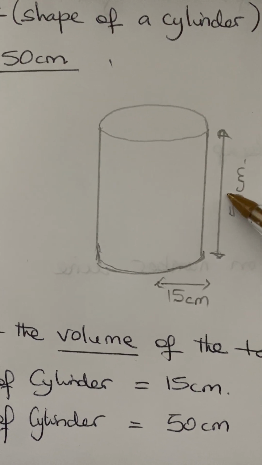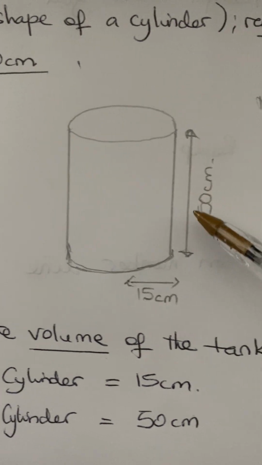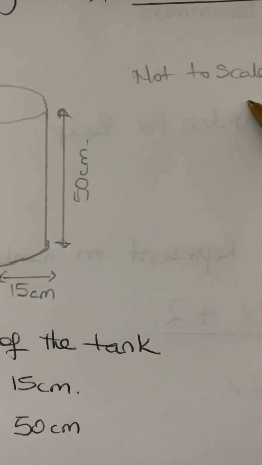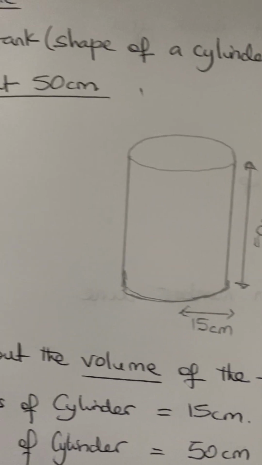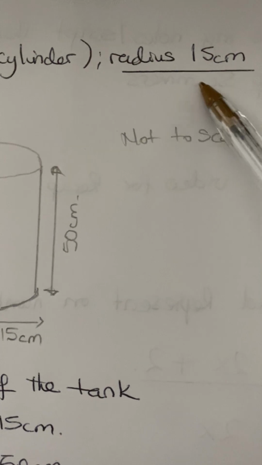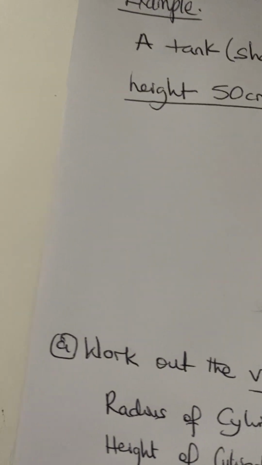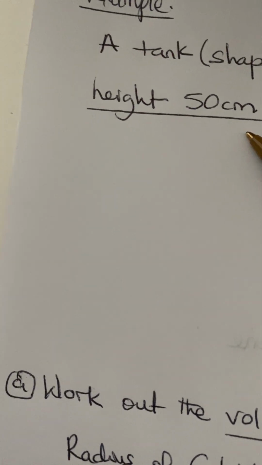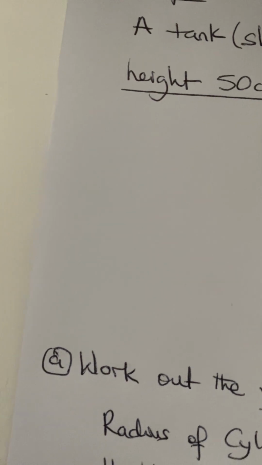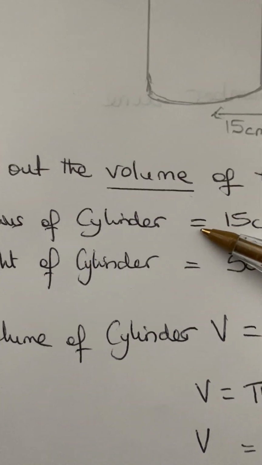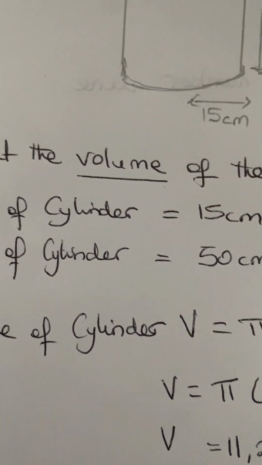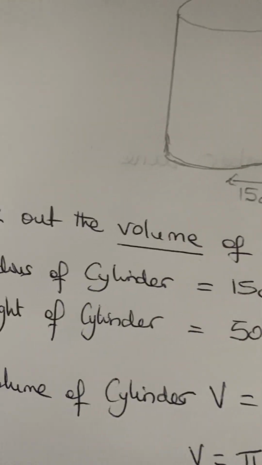It was given to you in the question, it was drawn for you. My drawing is not to scale. The radius is 15 centimeters and the height is 50 centimeters. The first question is find the volume of the cylinder or the tank.